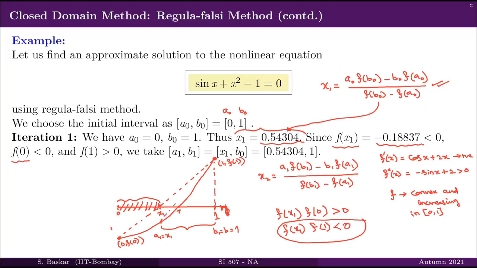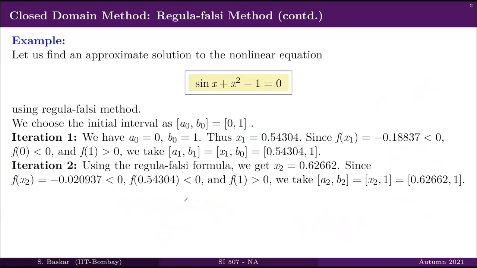That will be precisely the point of intersection of this line with the x-axis, right? That is, this is the point x2, and that is given by 0.62662.